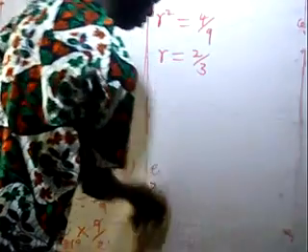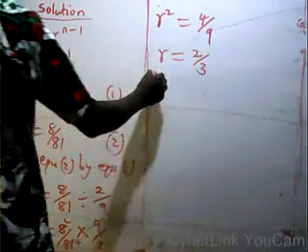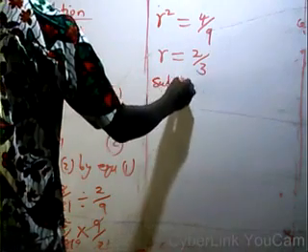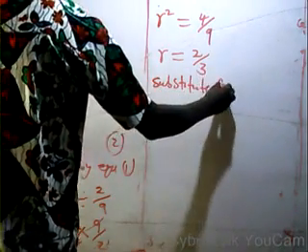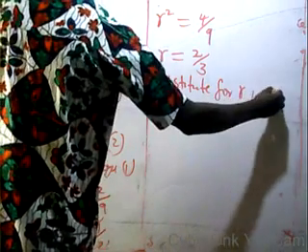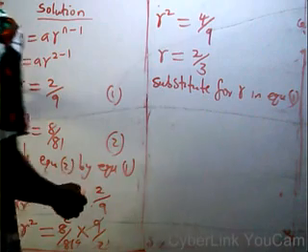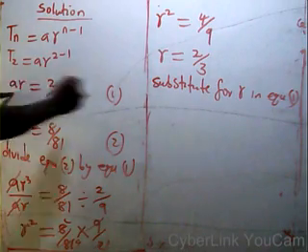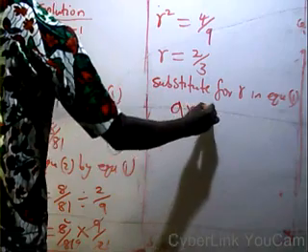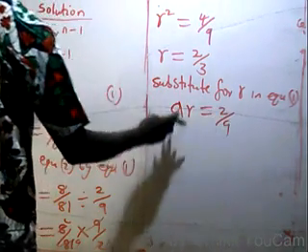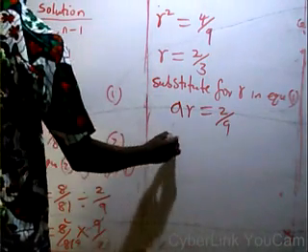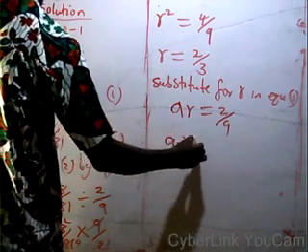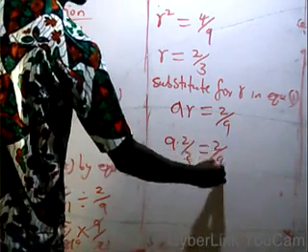So I will substitute for r in equation 1. If I do that, this equation 1 means I will have a multiplied by, instead of r, equation 1 says that ar is equal to 2 all over 9 and my r is 2 over 3, so I can say a multiplied by 2 all over 3 is equal to 2 all over 9.